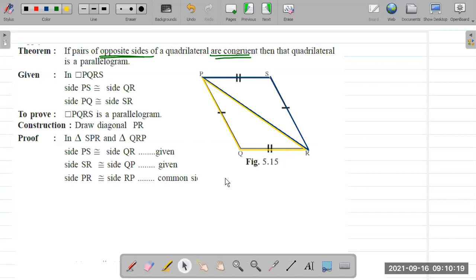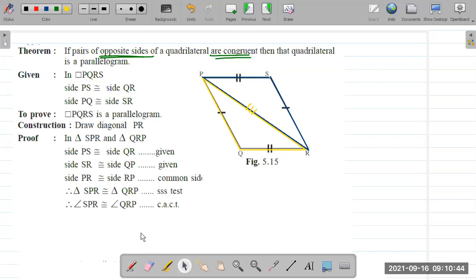This is the common side. Therefore, what can we say? We can say that these two triangles are congruent by which test? By the SSS test, side, side, side. All the three sides are equal. So by side, side, side, these two triangles are congruent. Once these triangles are congruent, what can we further say?